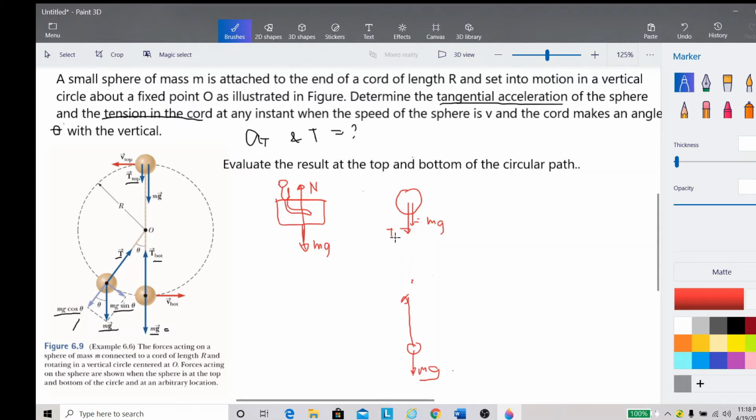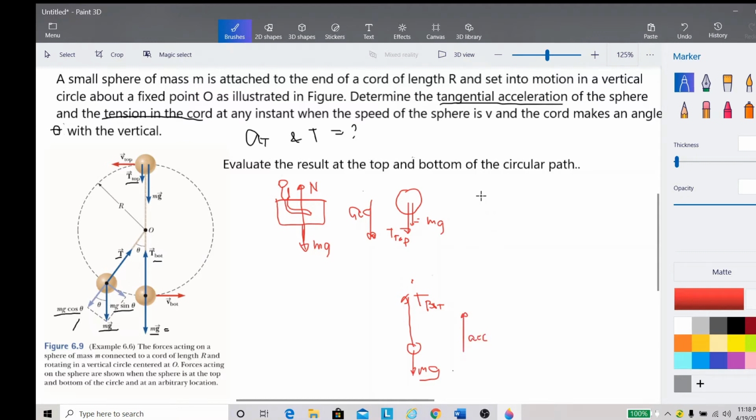So sabihin natin itong tension at the top, at ito ay tension at the bottom, ano? Okay, tension at the top and tension at the bottom. Yung tension at the top, yung acceleration niya pababa. Okay, pababa yan, yung acceleration. Dito rin naman, yung acceleration naman niya rito is pataas.